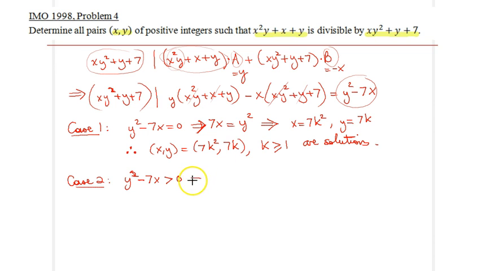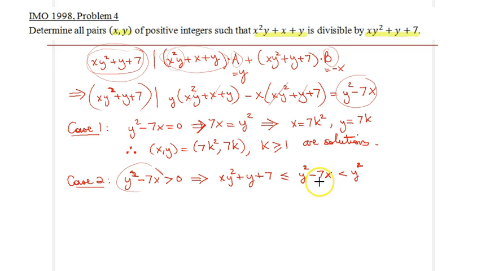In this case, because it's greater than 0, the divisor here, xy squared plus y plus 7, is definitely less than or equal to this expression here, y squared minus 7x, and that is strictly less than y squared here, right?